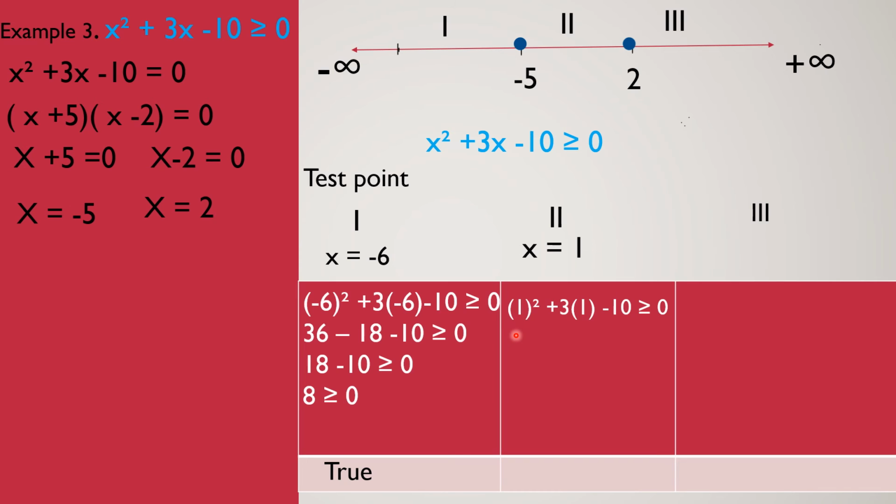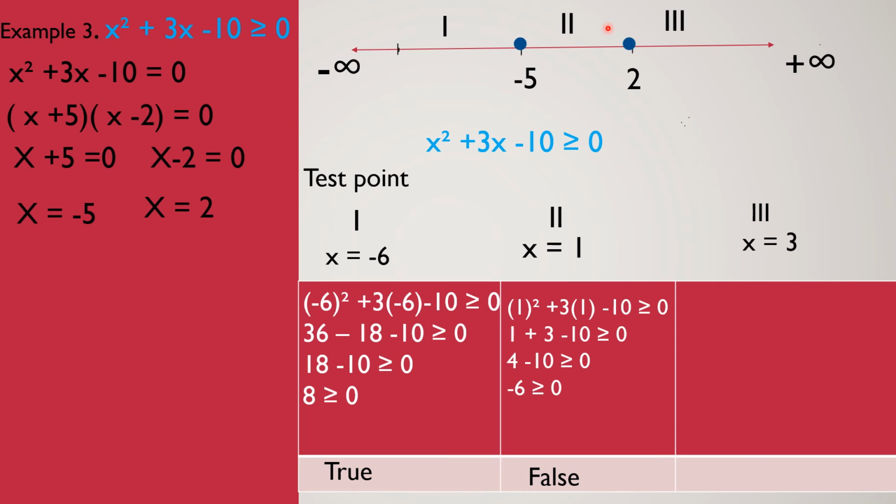So that is 1 squared plus 3 times 1 minus 10 greater than or equal to 0. So 1 plus 3 is 4, minus 10 is negative 6, and negative 6 is greater than or equal to 0, which is false. Which means this is not part of the solution.